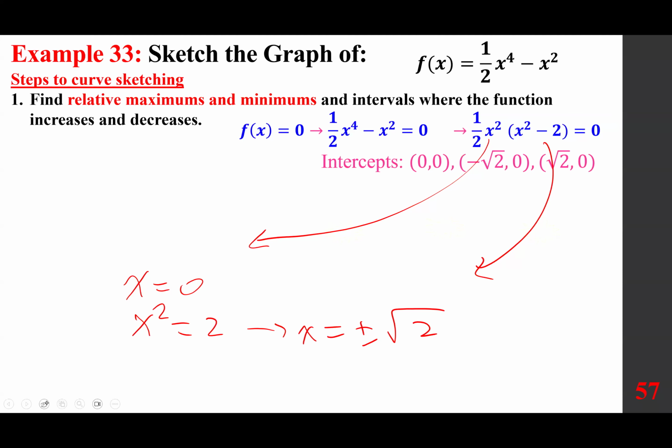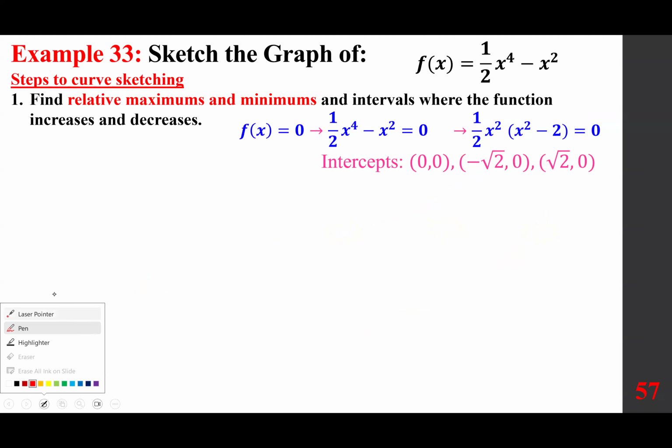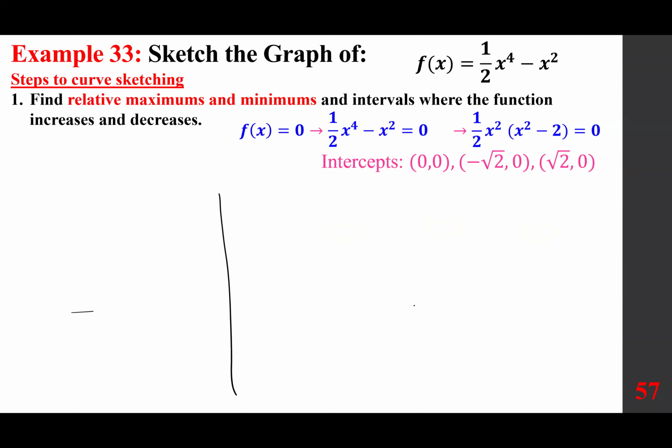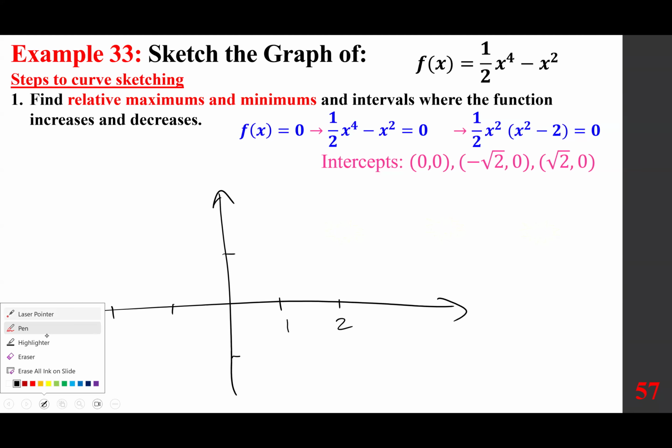The first one, let me erase my work. The first one is both x-intercept as well as y-intercept. So if we were to graph it just the way we have this, here's 0, 0.